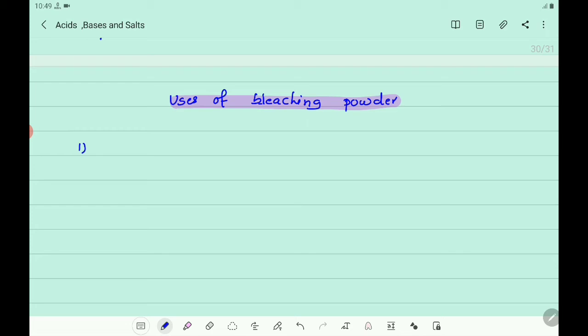So take the first use. Bleaching powder is used as a bleaching agent.